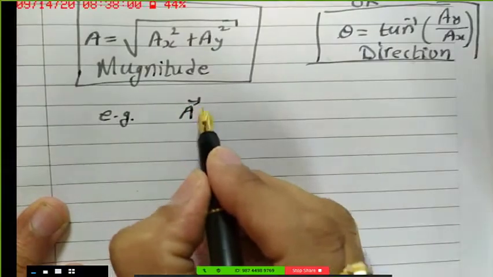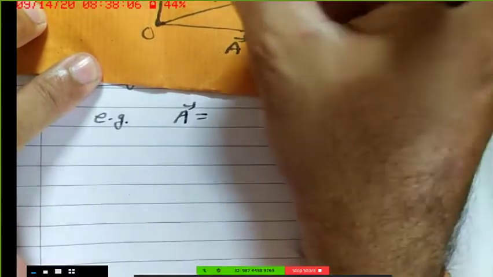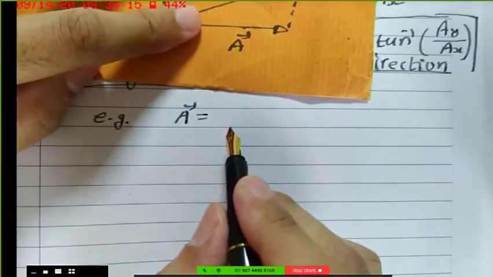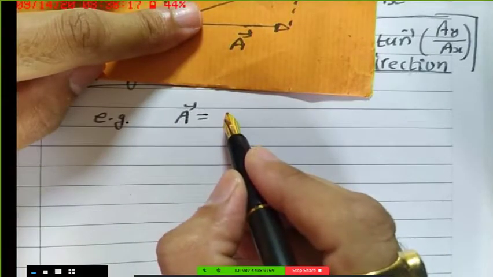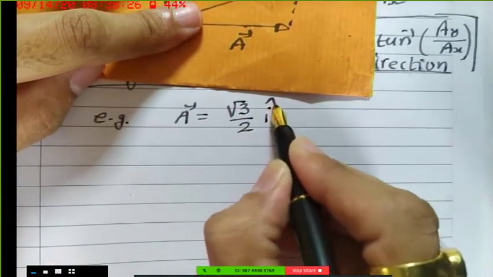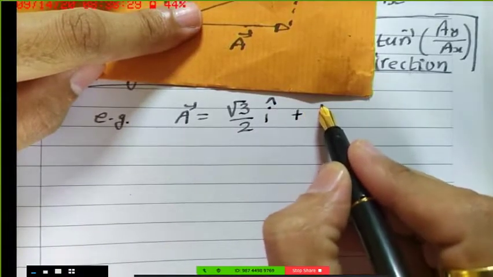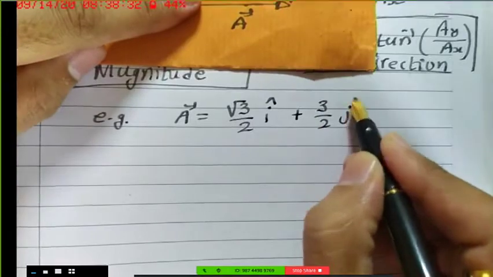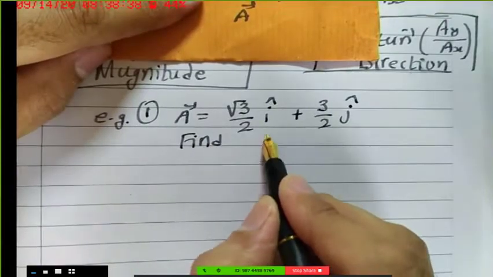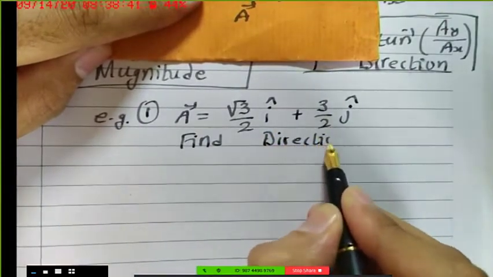A equal to root 3 by 2 i plus 3 by 2 j. Find direction and magnitude.